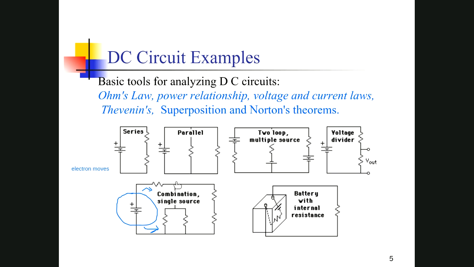In one branch, they have two in parallel. In the other branch, they have two in series. So this branch in parallel with this branch, then in series with this one.